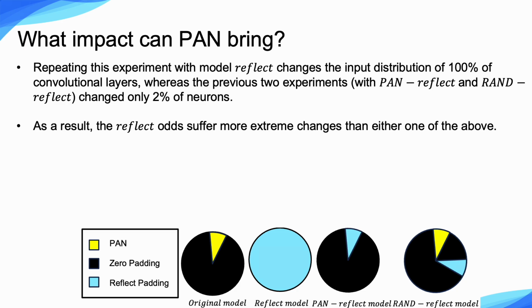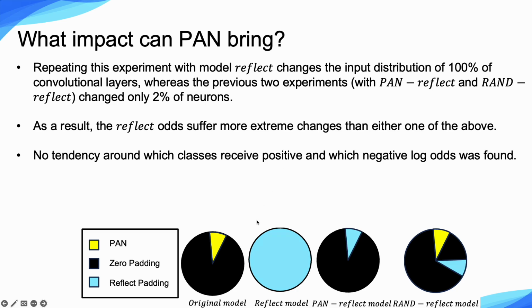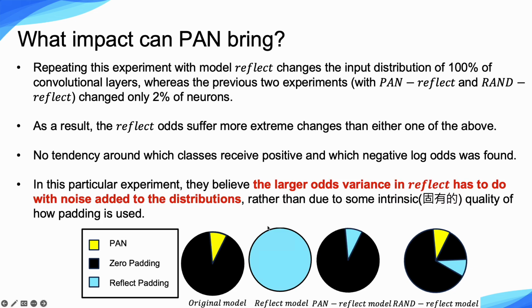As a result, the reflect model's odds suffer a more extreme change than either of the above. So no tendency was found around which classes receive positive and which negative logs. In this particular experiment, they believe that the larger odds variance in reflect is due to the noise added to the distribution, rather than to some intrinsic quality of how padding is used.